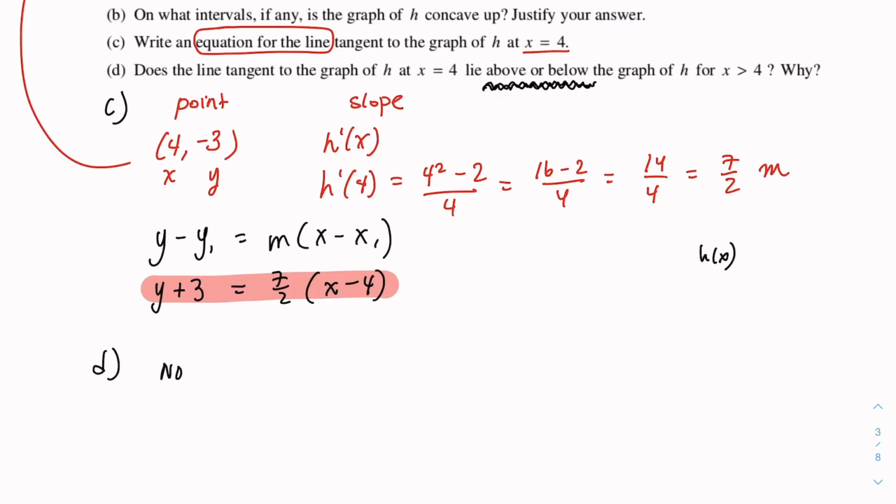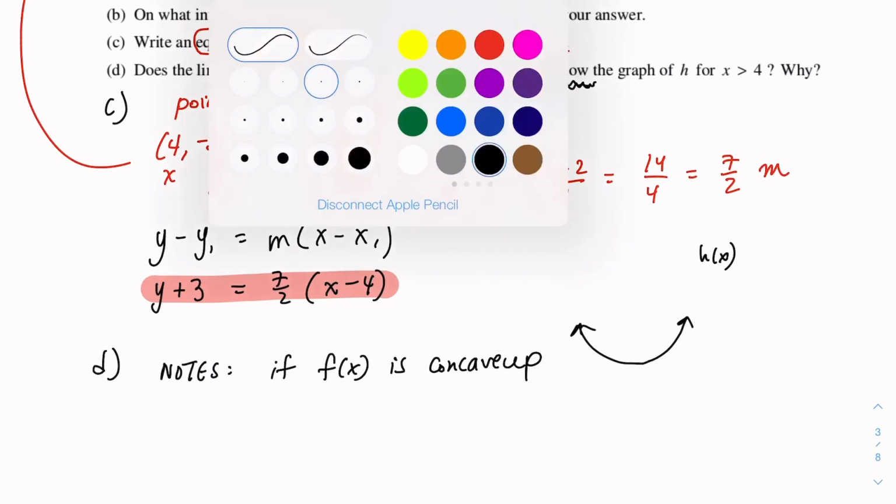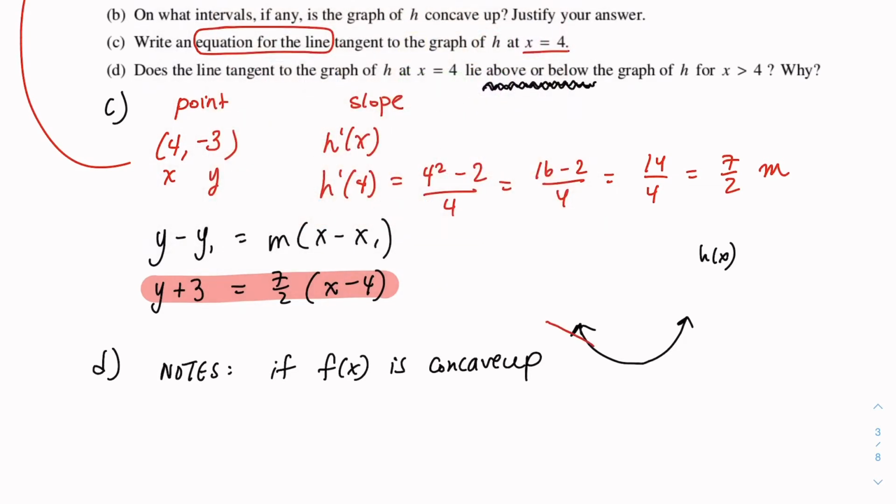Write down in your notes: if f of x is concave up, so imagine we have a graph that's concave up, then the tangent line at any point will be below the curve because the graph is cupping up and away from that line.